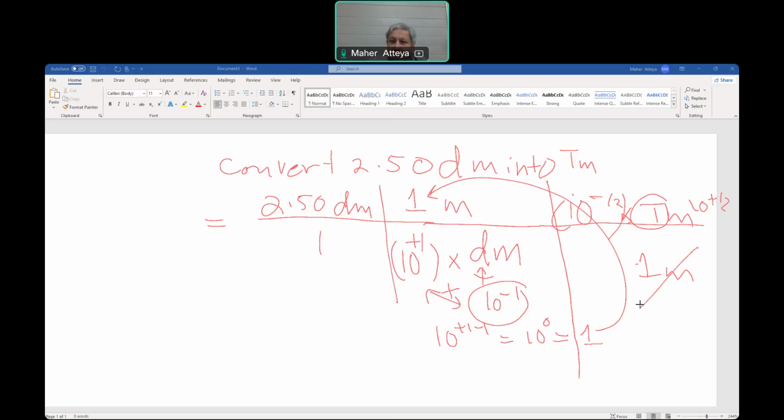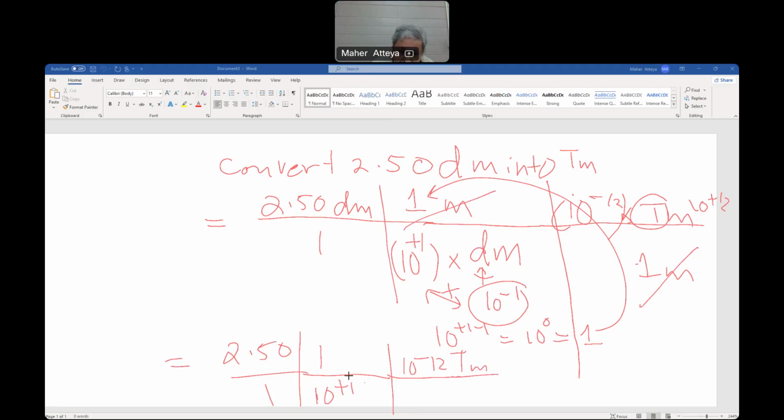Meter with meter cancels out. The only thing I'm left with is 2.50 over 1, over 10 plus 1 on the top, and 10 minus 12 on the bottom, TM.